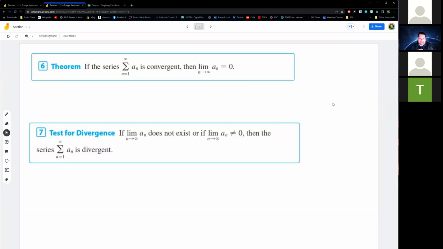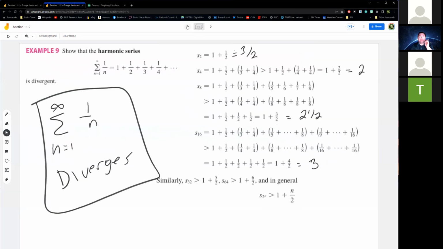Okay. The opposite, or the converse of that, is not true. I can't say if the limit of a_n equals 0, then the series is convergent. That is not true.